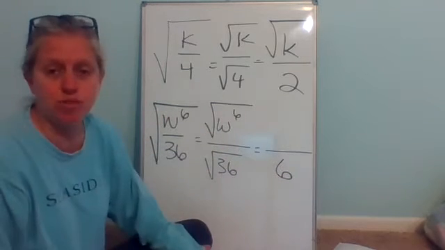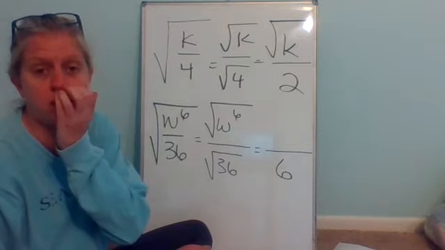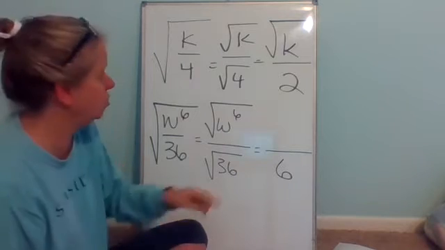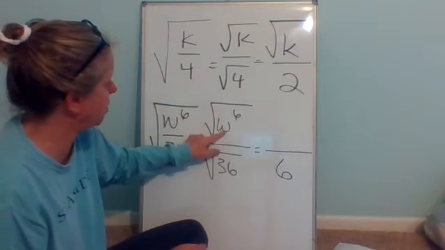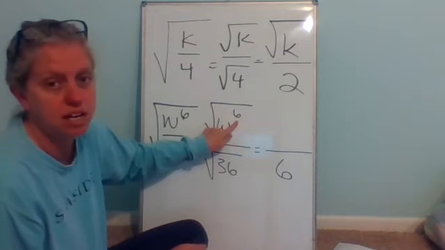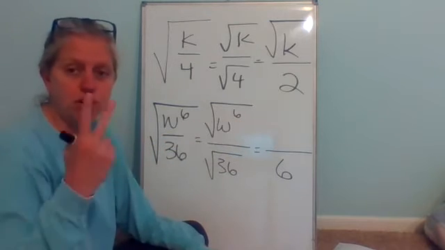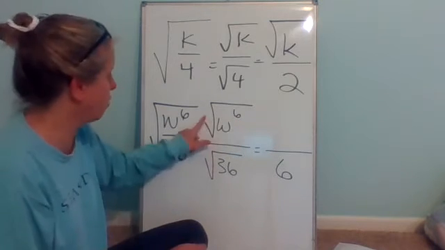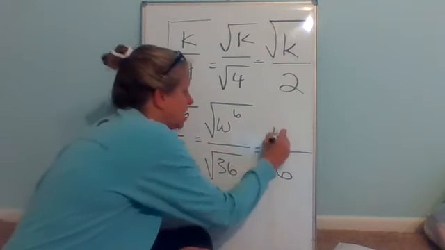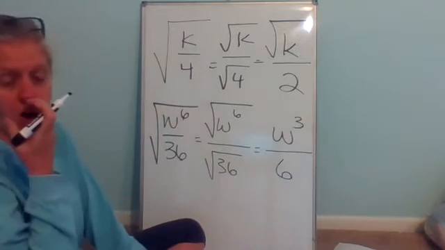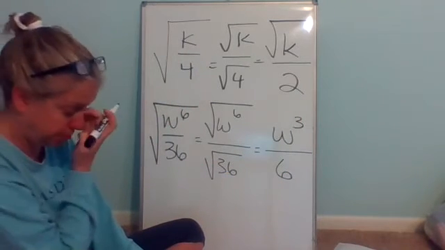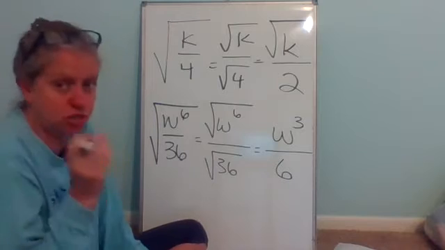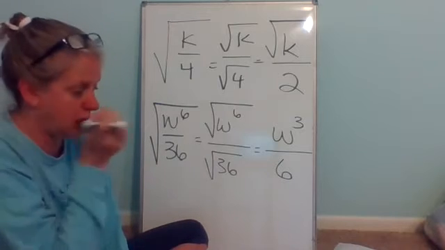But this time I can do the top. I can also do the top because what's the rule? What is the shortcut rule when you're taking the square root of something that has an exponent? You just want to divide that exponent by 2. So the square root of w to the 6th is w to the 3rd. I can do that top one. So sometimes you can do the top and sometimes you can't. That's why you separate them.